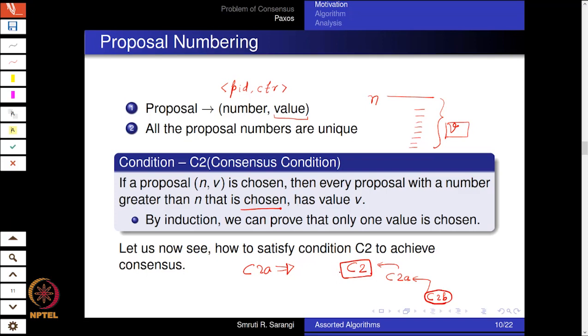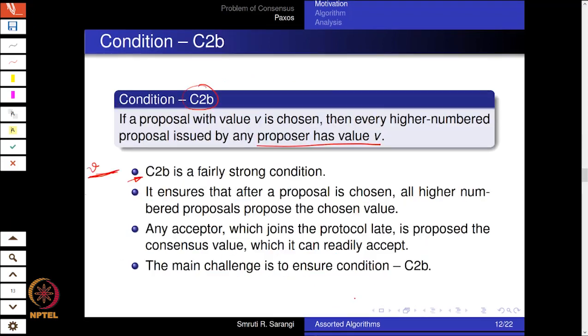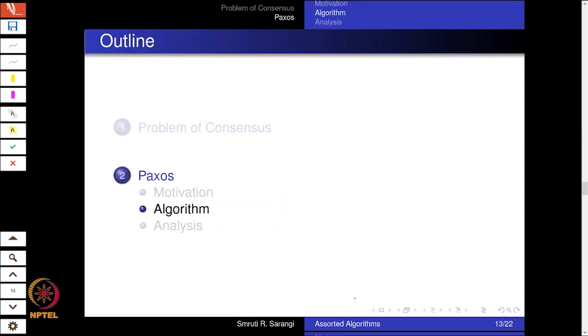And then we have said that if we can ensure C2, then we can ensure consensus. So that is what our claim is. So what did we do? We had a condition C1 and then we had C2, which of course had these sub conditions.